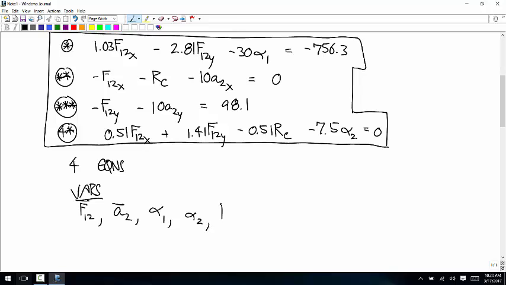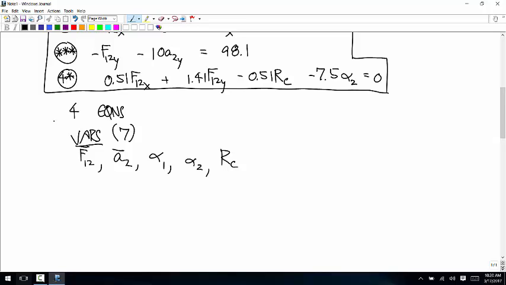Okay, so that's 7 variables. So that means we need 7 minus 4 constraint equations.